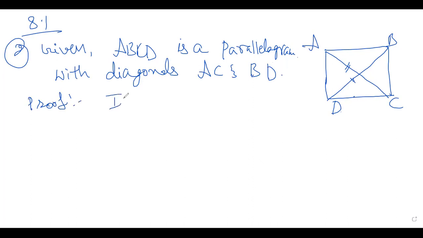Take two triangles, children. Take triangle ABC and triangle ABD. ABC is one triangle and ABD is the other.